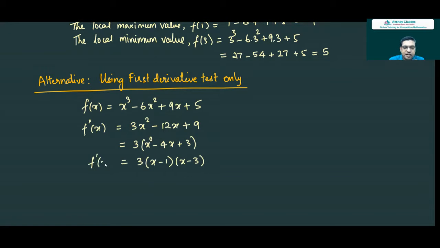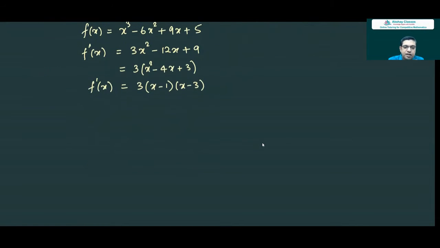So this is f dash x. Now f dash x is equal to 0 at x equal to 1 and also at x equal to 3.